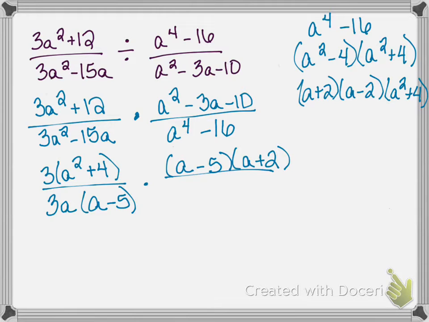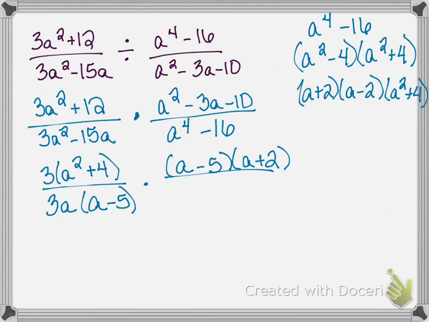Now, a to the fourth minus 16 is a little bit challenging. That is a difference of perfect squares because a squared times a squared gives you a to the fourth. So that factors twice. And sometimes we don't like to factor twice. So I've got a squared minus 4 times a squared plus 4, and then we stop.